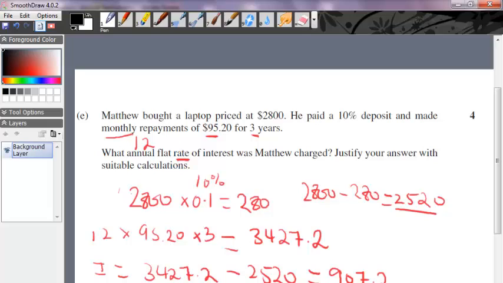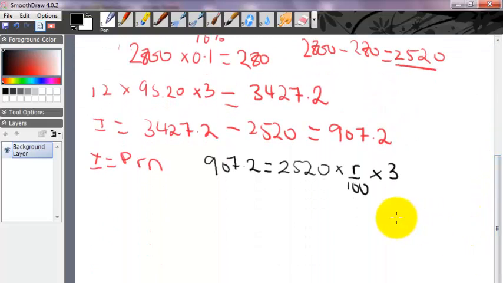Okay? And then we're just trying to make R the subject. So how would I make R the subject in this case? So I want to divide by 2,520, divide by the 3 as well, and then eventually times by the 100. And then I get the answer. Can you see all that? Because they're all times and divided, so I'm just going to do the opposite of each one. So I'll divide by 2,520, and I get 0.36.